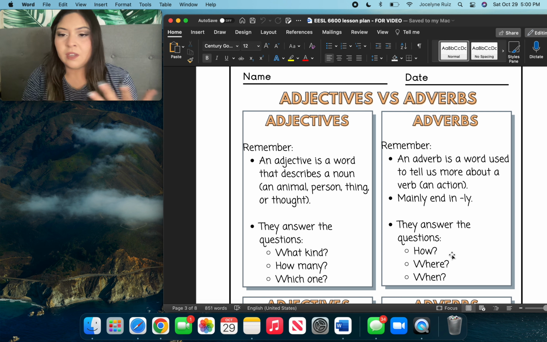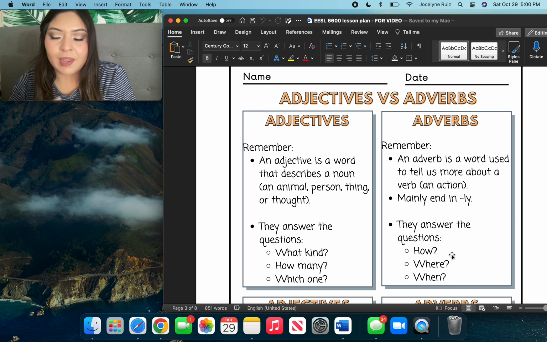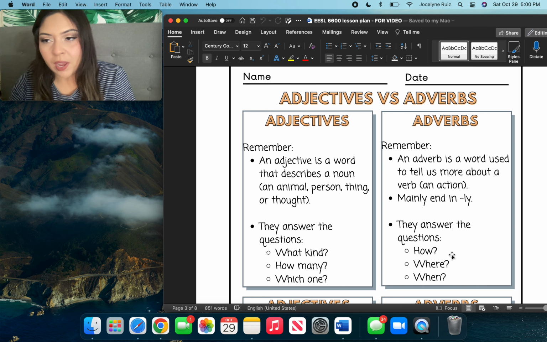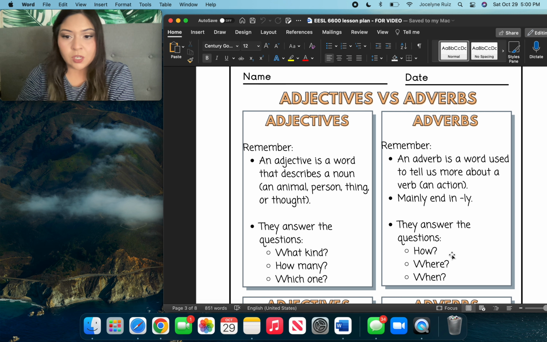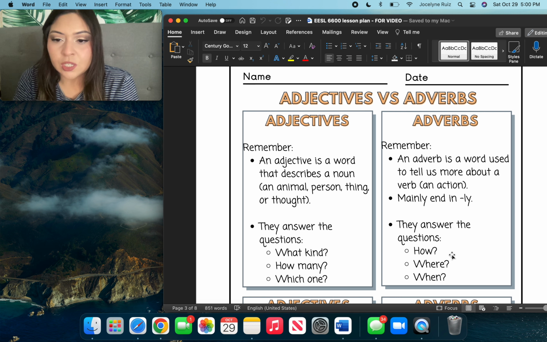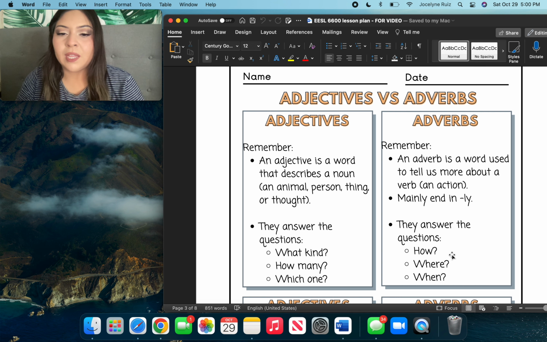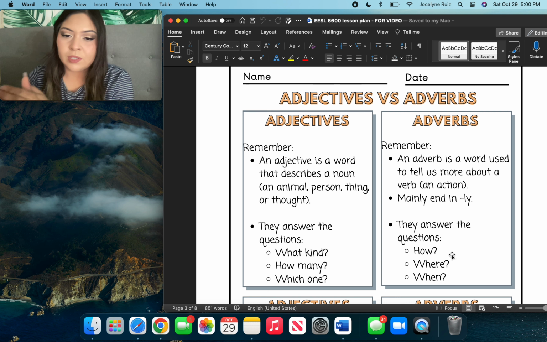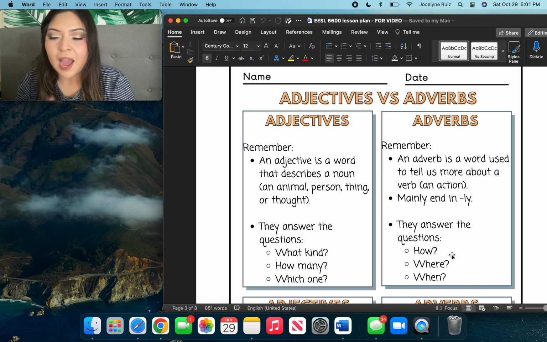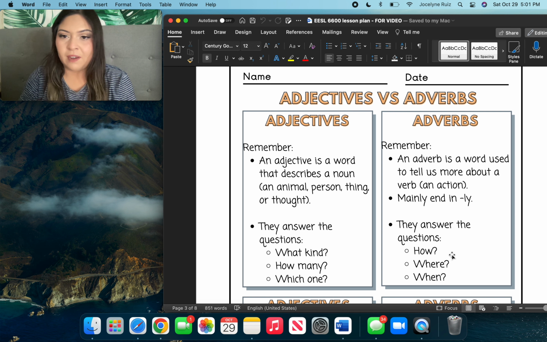So an action like running, talking, smiling, and it's important to know that they mainly end in the letters ly. Not always, but in most cases they do. And they answer the questions how, where, and when. I think it's really important that you take these questions into consideration because you will be using them in everyday communication. So what kind, how many, which one for adjectives; how, where, and when for adverbs.